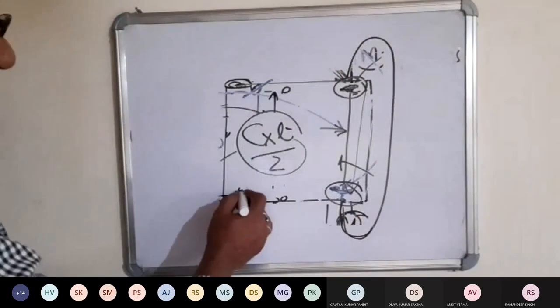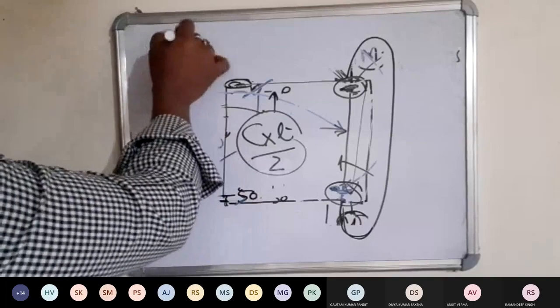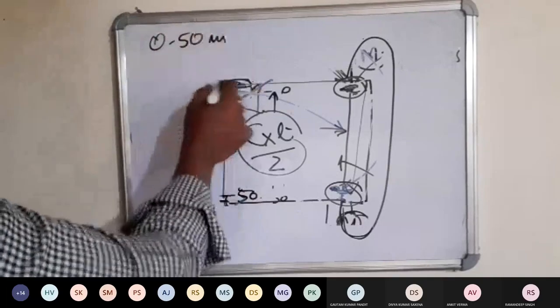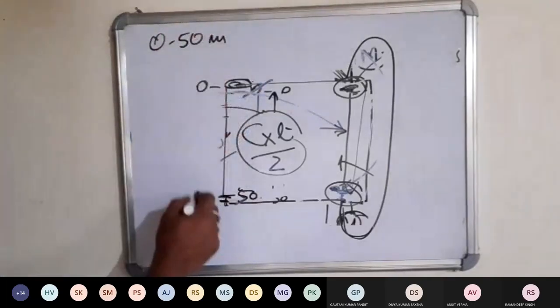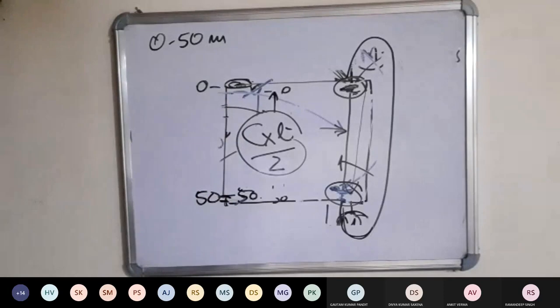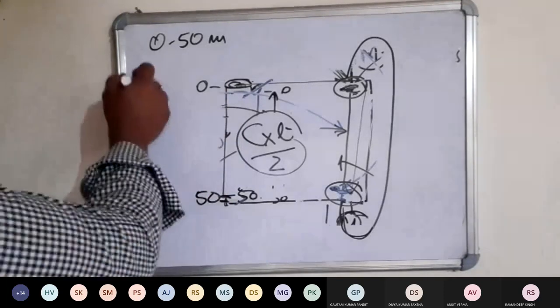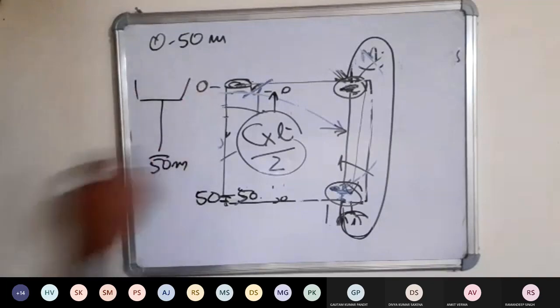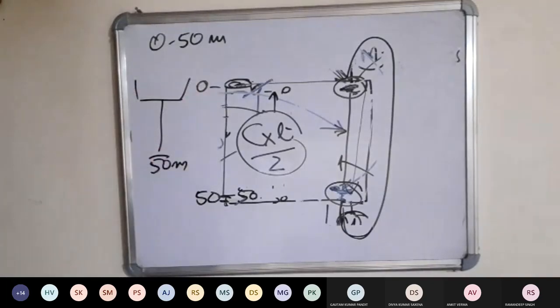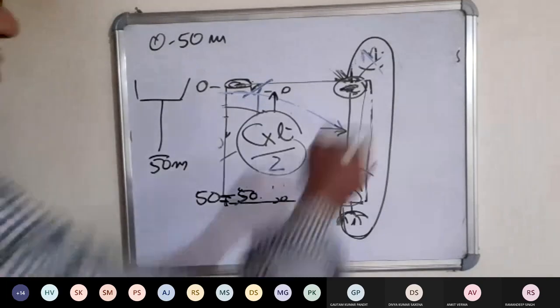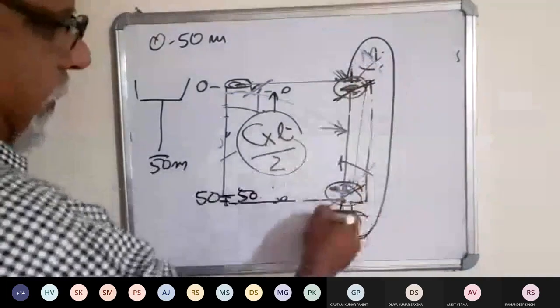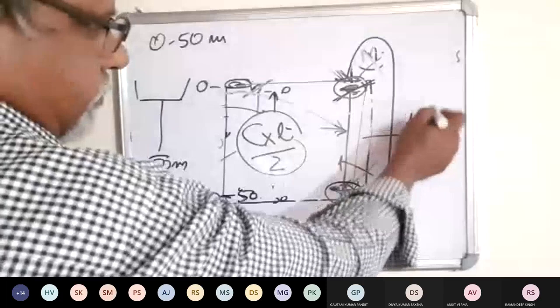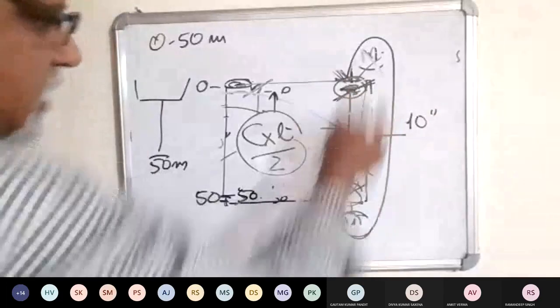So this was the range scale that we had taken, 0 to 50 meters. The top part is indicating 0, the bottom part indicating 50. When we were measuring a depth of 50 meters, this 10 inches of paper was traveled in how much time?